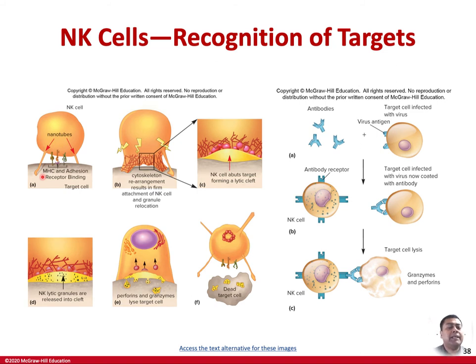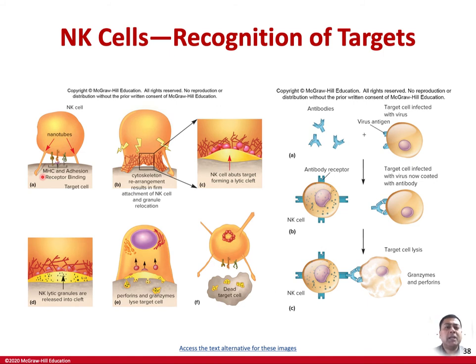The MHC is known as major histocompatibility complex, and mainly there are two types, MHC1 and MHC2. All nucleated cells will have MHC1, whereas the immune cells will have MHC2. We're not going to go into the detail of that because that's the discussion of the next chapter.